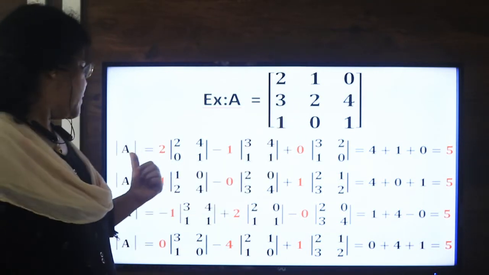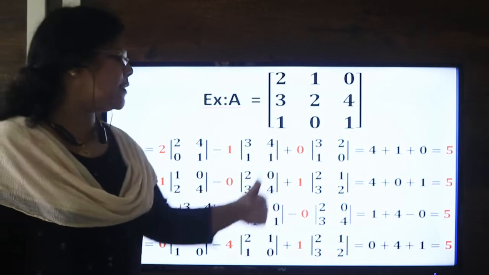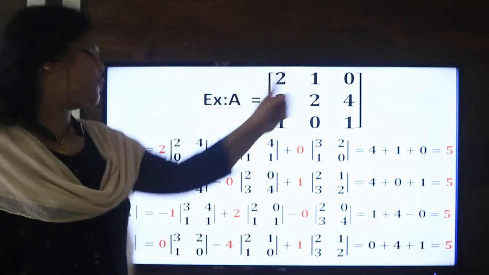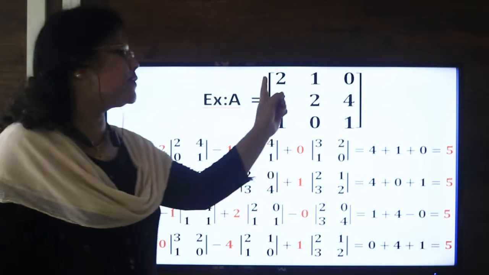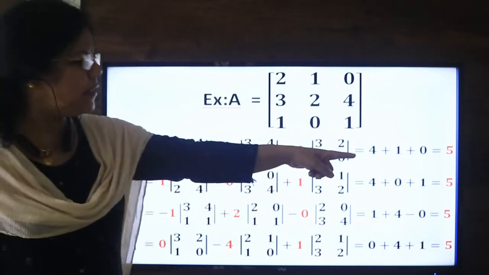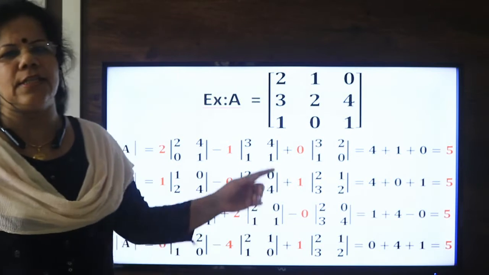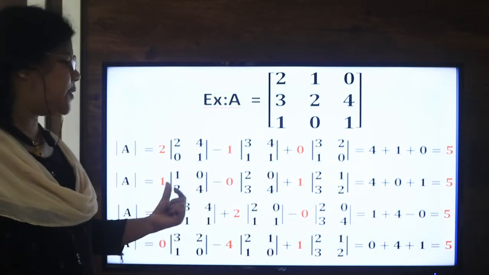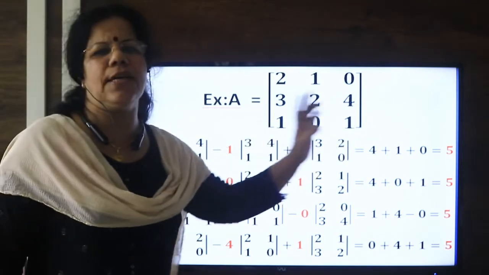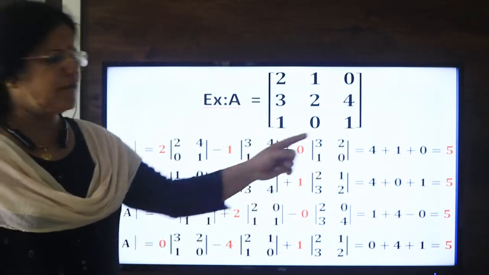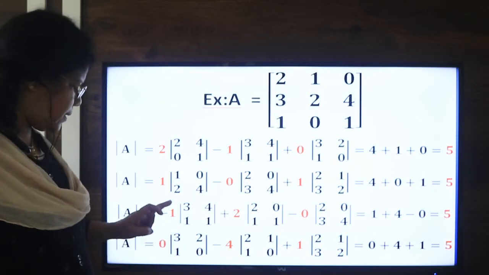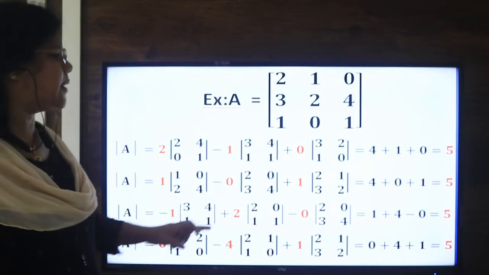So here, in the first line, the expansion is done using the first row, 210. Using the first row, expansion is done and we got the determinant value as 5. Then the second example is taken using 101, that is the last row. The third row is used for expanding. Once again we got 5. And in the third example, the second column is taken.